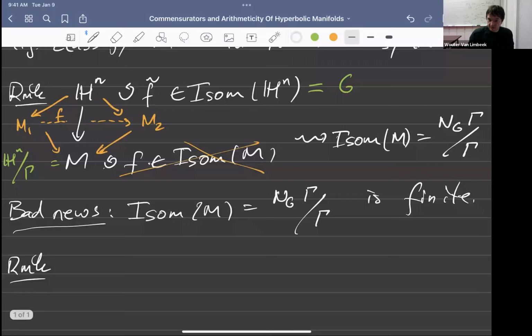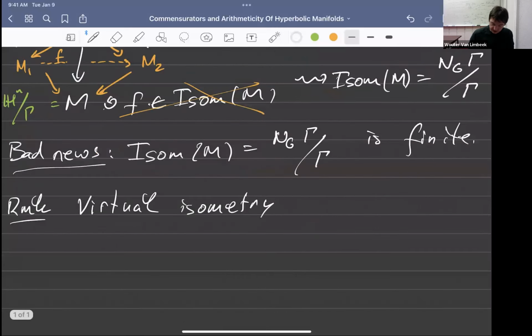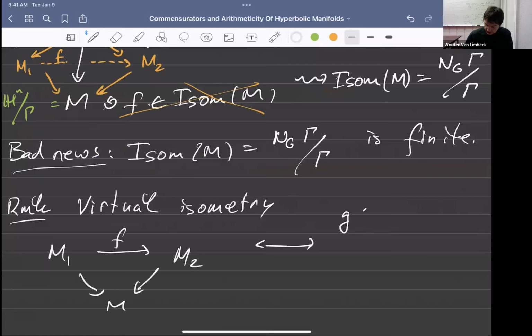a virtual isometry, let's say the picture is like this, corresponds exactly to an element of G if you lift it, such that, well, what you do is you conjugate gamma, and instead of being equal to gamma, as it was before, it just slightly moves gamma off of itself.